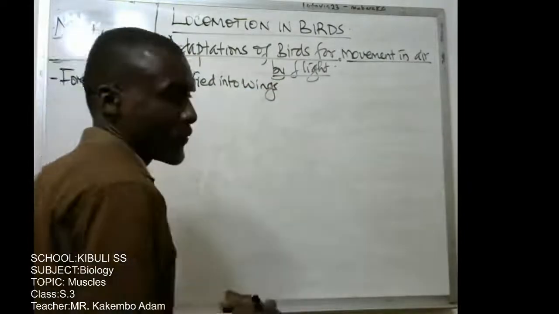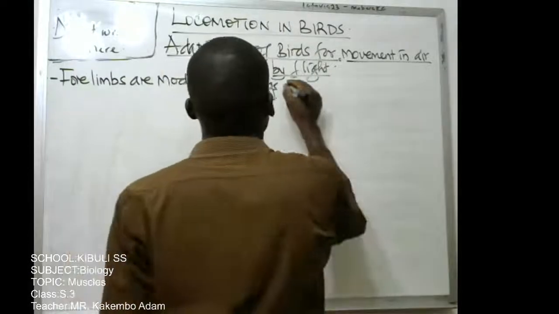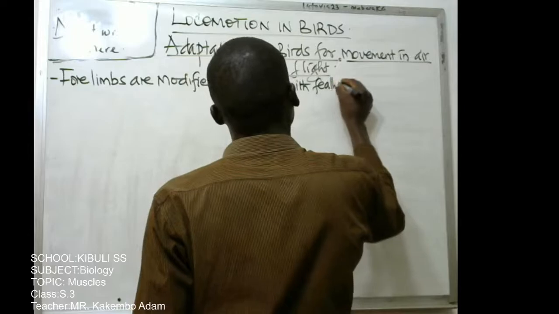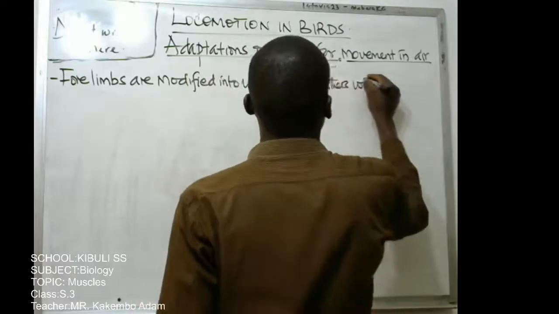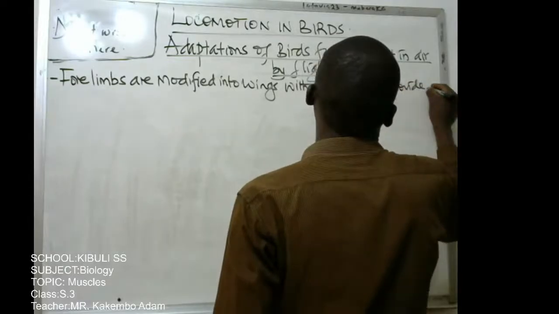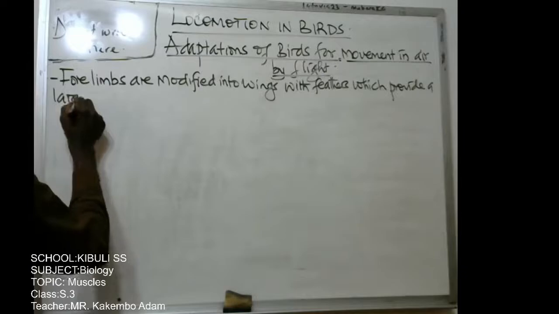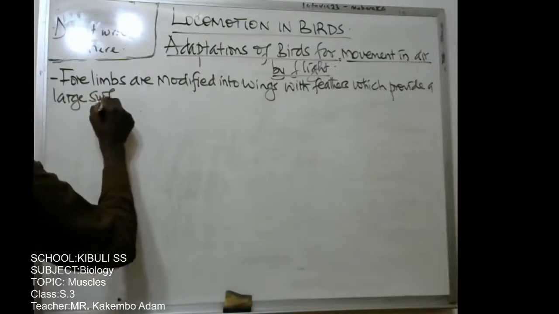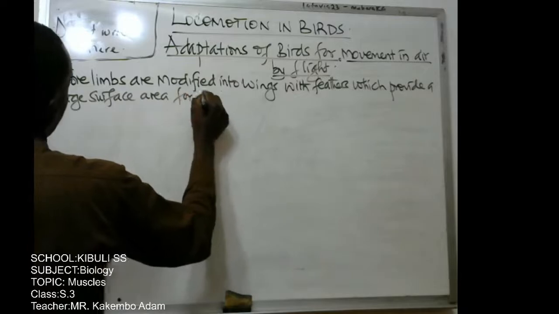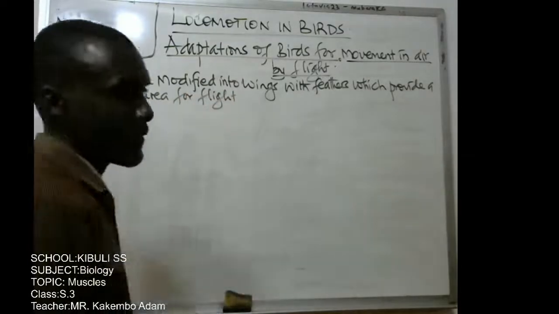They are modified into wings with feathers, which provide a large surface area for flight.